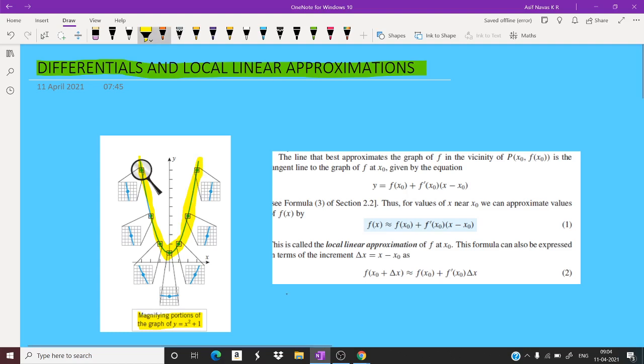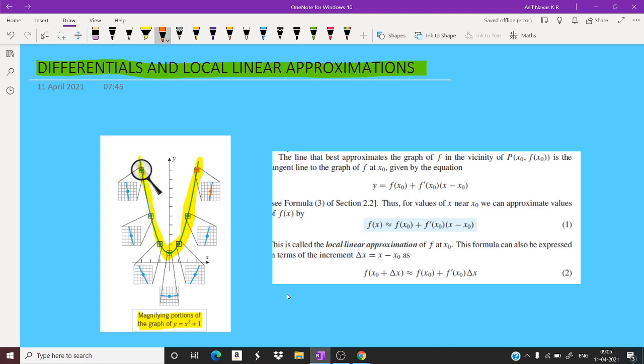Now if we take any point here, and if we take this portion and magnify this, we will get a straight line. Always there is a straight line, approximately equal to a straight line.